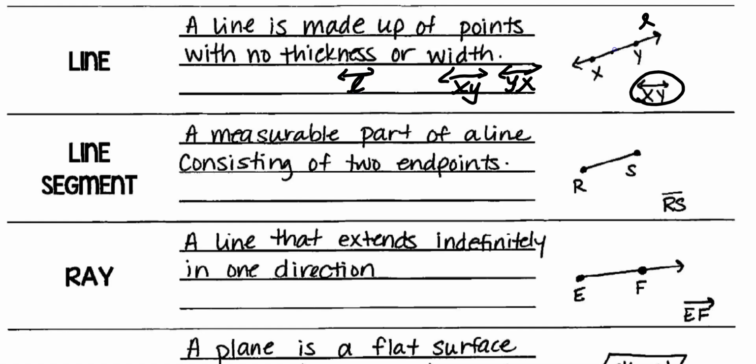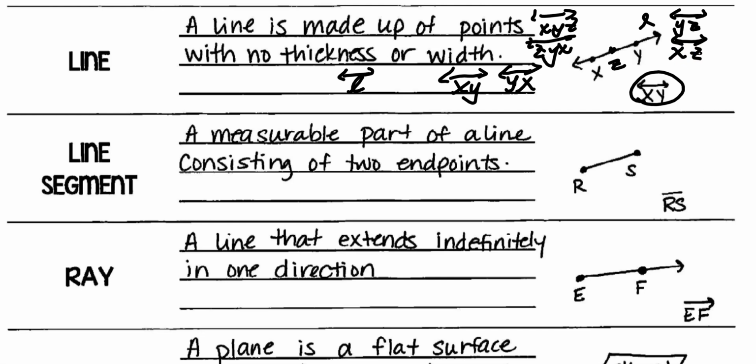Now, what if there was a third point on this line, like right here? Well, now this could technically be line XYZ, line ZYX. It could also be line YZ. It could be line XZ. Kind of get the drift.